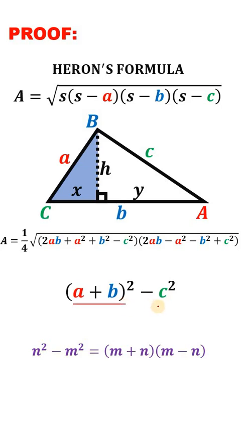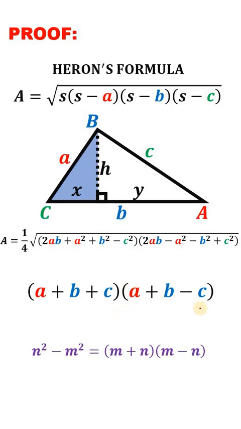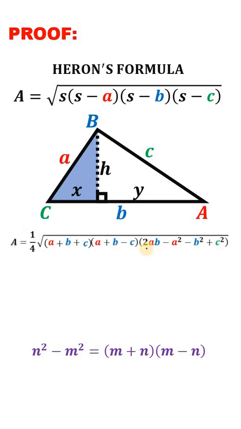Again, a square number minus a square number. So we can use the difference of two squares. And if we factor this out, we get a plus b plus c multiplied by a plus b minus c. So we can replace this expression with this equivalent, like this.